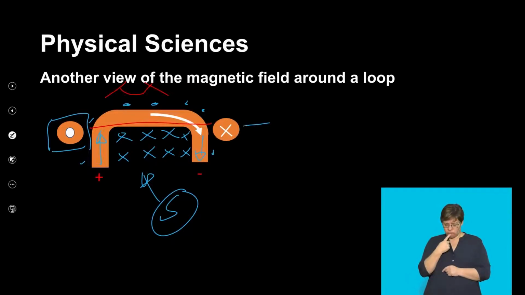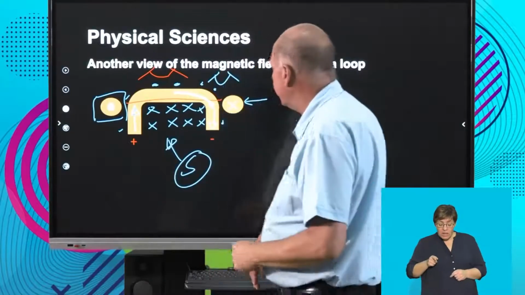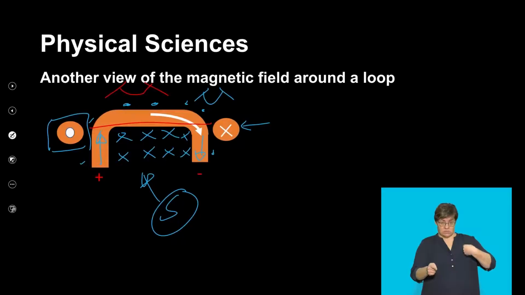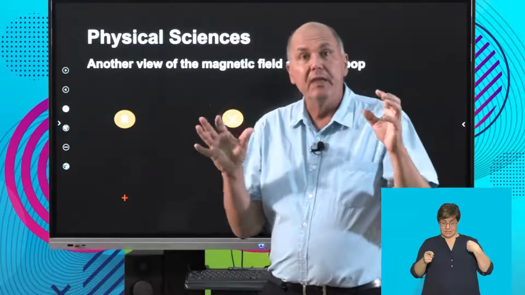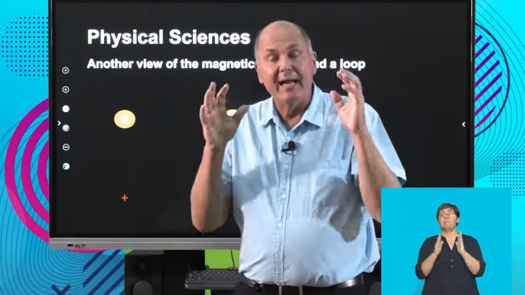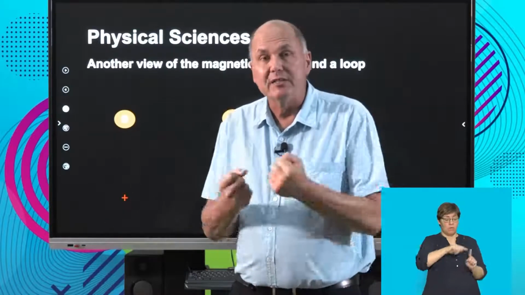The eye would see the current going down, going into the surface. We're looking down on it, and that's why we'd have it as a cross. So take away the middle bit, and we have our dot and cross. And this is just another view of the magnetic field around this loop, this conducting wire.